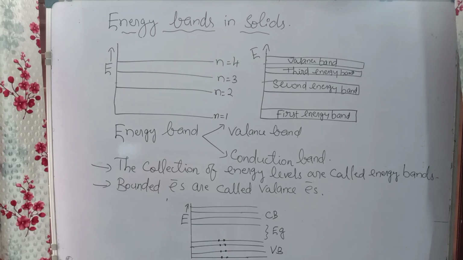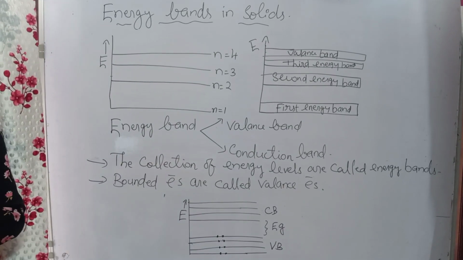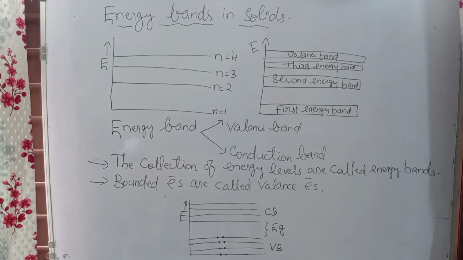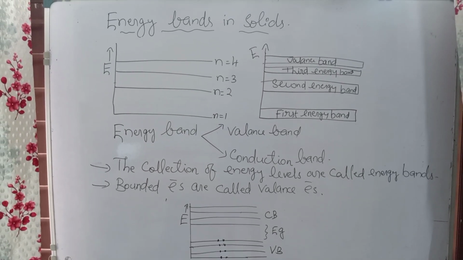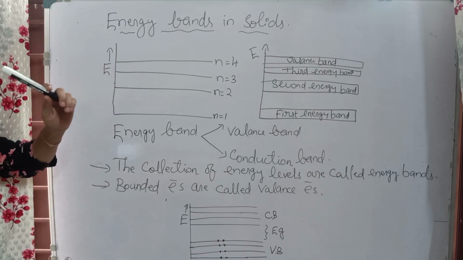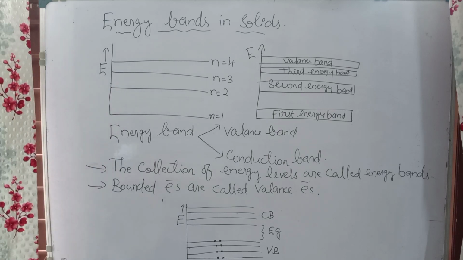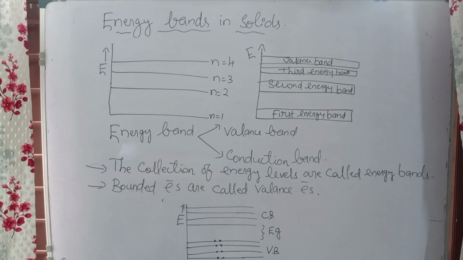Now we have discussed the classification of elements on the basis of conductivity. But in the case of electronics, we will explain it in terms of energy bands. So we have to know what the different energy bands in solids are. We might have studied in chemistry that if you are considering an isolated atom, there will be certain energy levels. That means each electron will have a discrete amount of energy, corresponding to different shells or subshells.